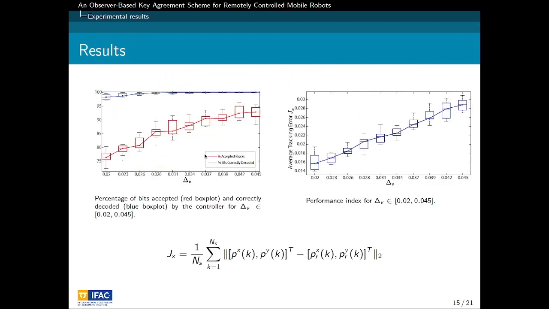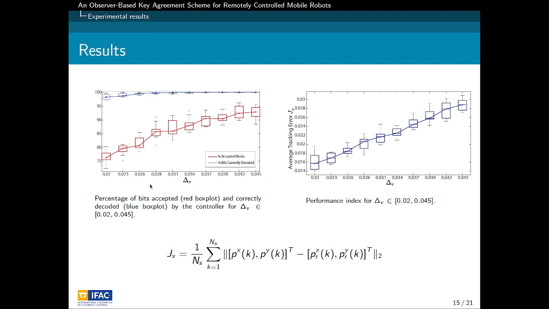As you can see in the obtained results, on the left hand side we have the percentage of bits accepted in the red curve, and the correctly decoded bits in the blue curve, for different values of delta V in this range.